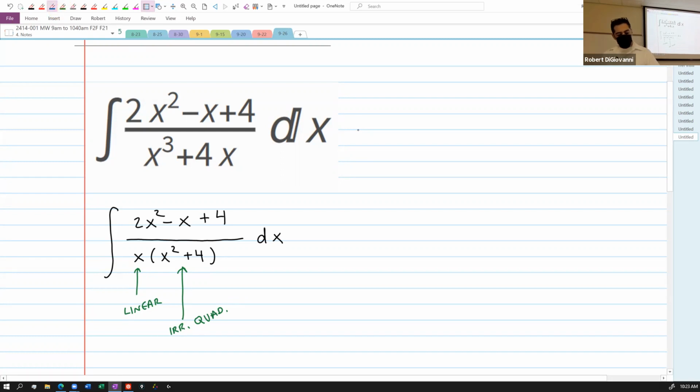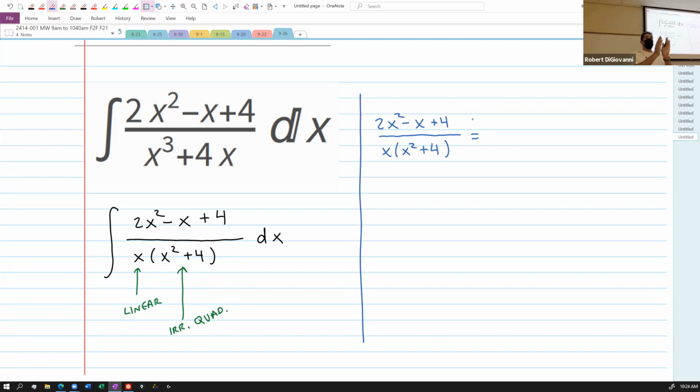So how does partial fractions work for this? We take the original expression, like this. And let me just pause for a second to remind you.